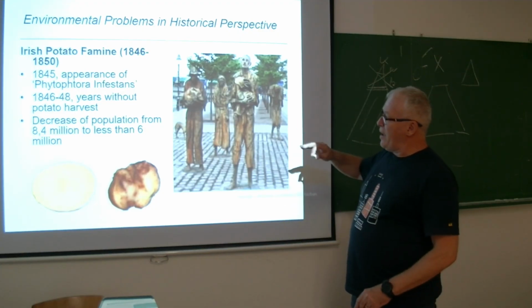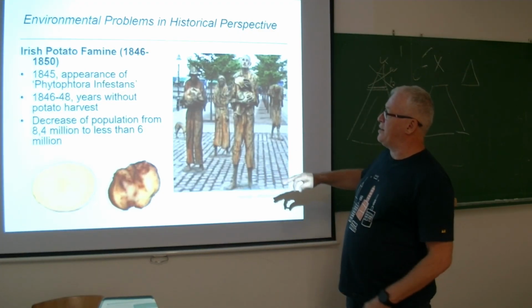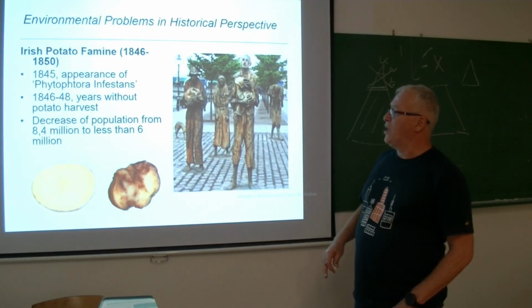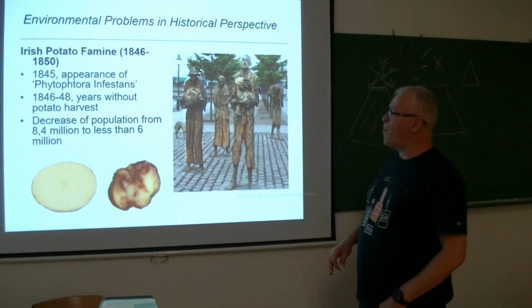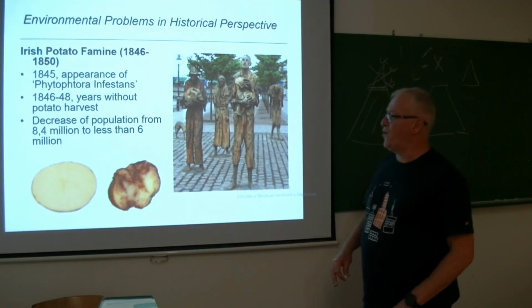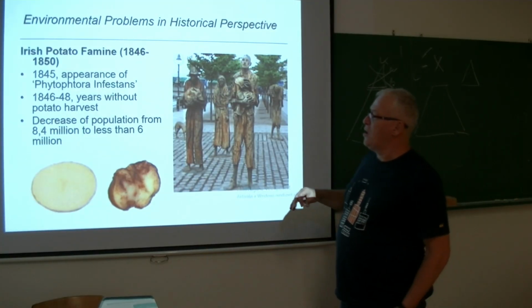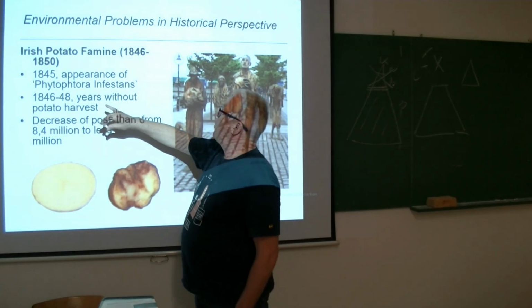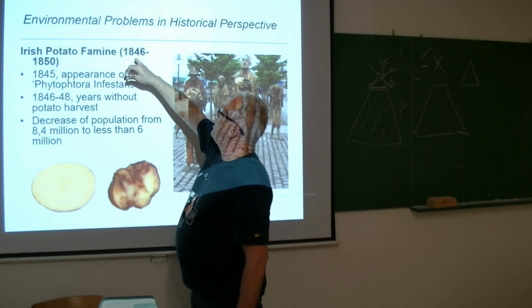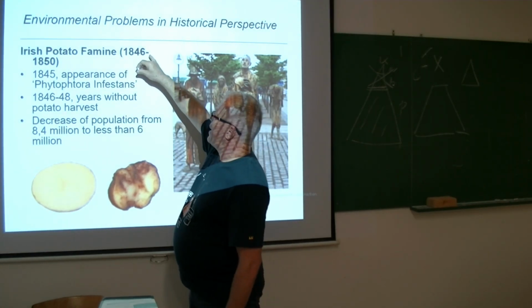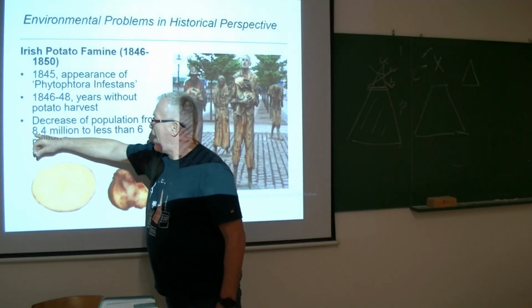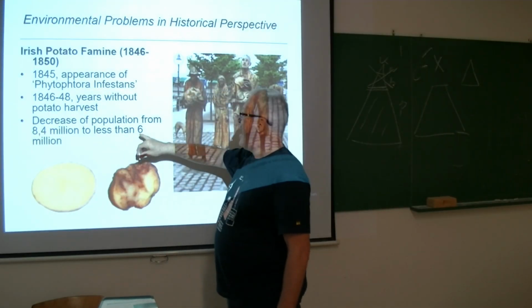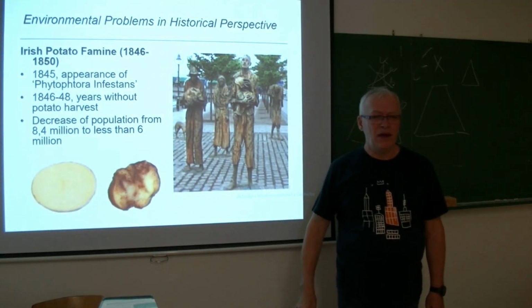And each of them proliferated and started epidemics. And the population of Ireland, from before the Irish potato famine, unfolded between the second half of the 40s, decreased from 8.4 million to less than 6 million.